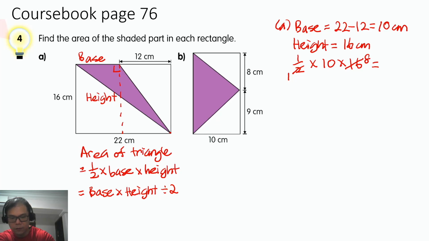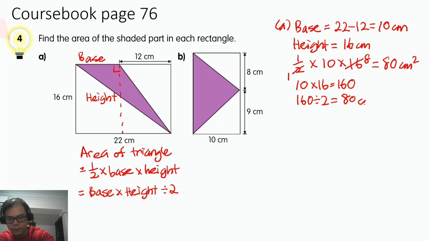So I end up with 1 times 10 times 8, so there will be 80. If you don't understand what I'm trying to do, never mind, you can just do the same old method. You take 10 times 16 first, so 160, then 160 divided by 2, I will get 80. So for A, the area of the triangle is 80 square centimeters.